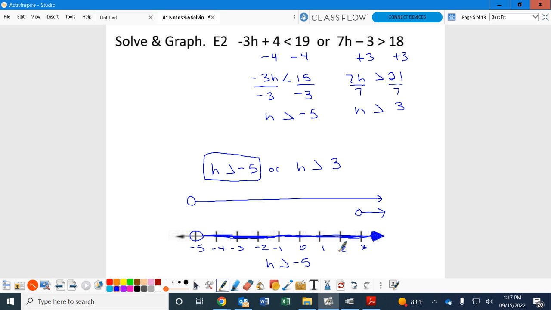Okay, now, I know it doesn't ask you guys, but because it only has one part to your answer, I want to make sure we talk about the interval notation for this. It's got one circle and it's got one triangle on the end. This triangle is at positive infinity. So if I was going to write this same thing in interval notation, it would have the negative 5 and it would have the infinity symbol.